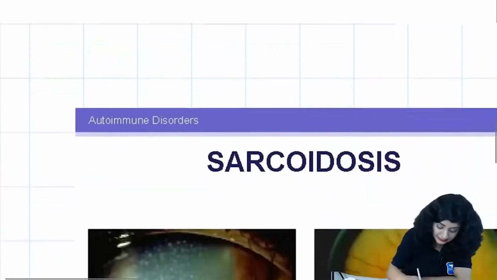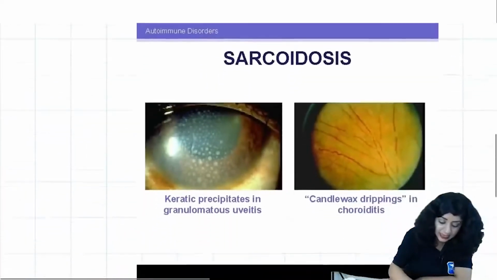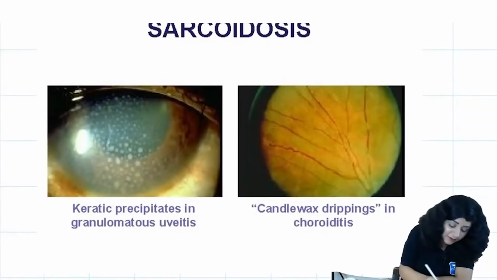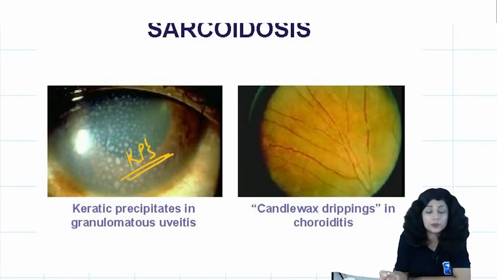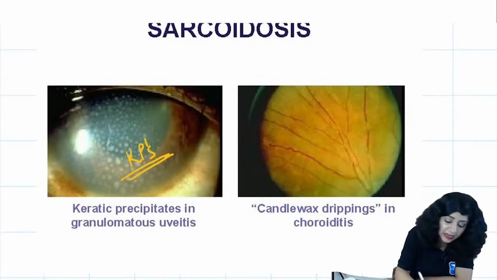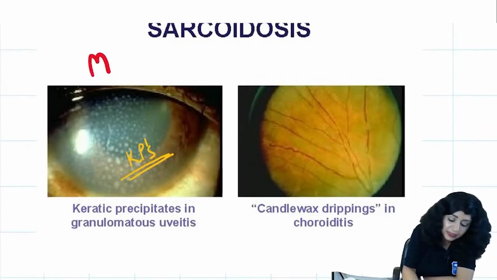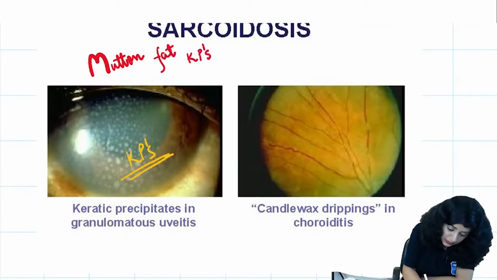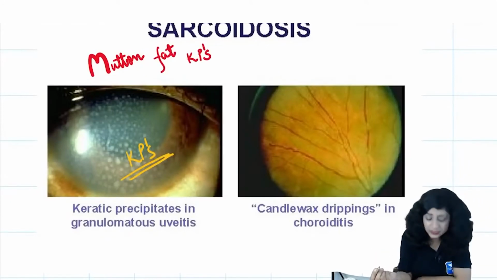Then see this. In sarcoidosis we are getting the KPs, which are very typical because it is a granulomatous uveitis. So what kind of KPs will I have? The mutton fat KPs in sarcoidosis.